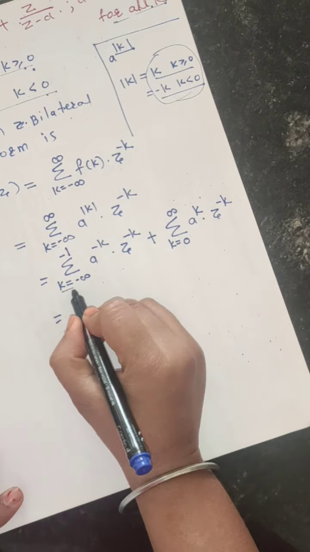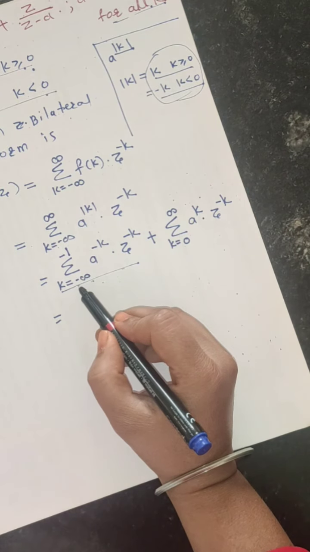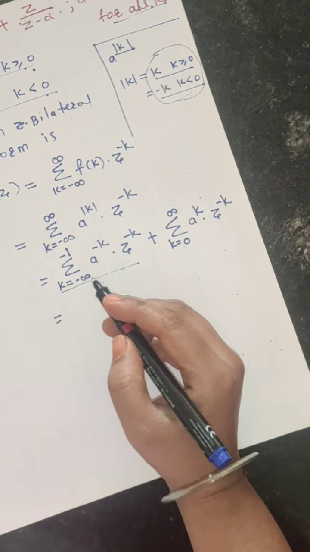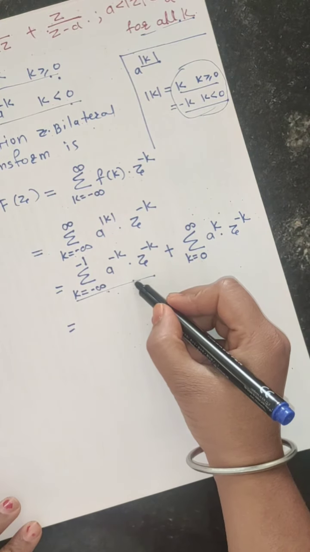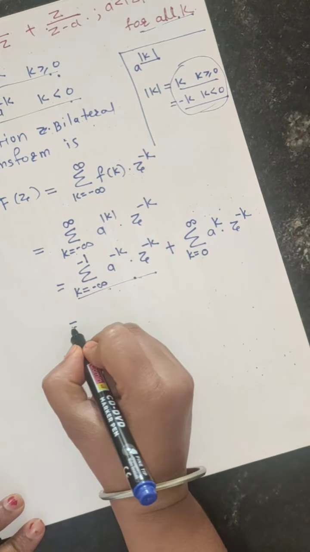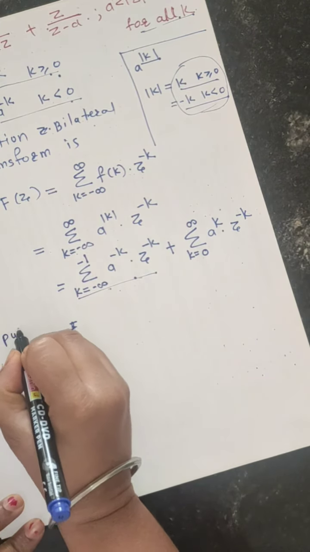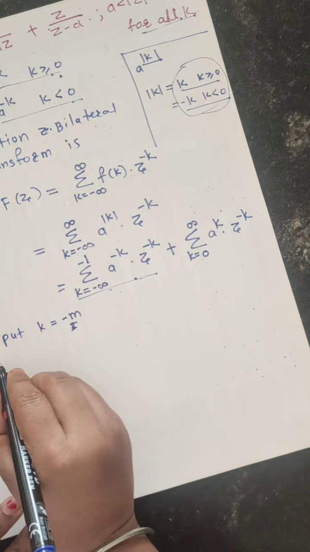In the first part, the value of k is negative, and in the previous lecture we solved this type of sequence. How do we solve it? For that put k equal to minus m, correct?